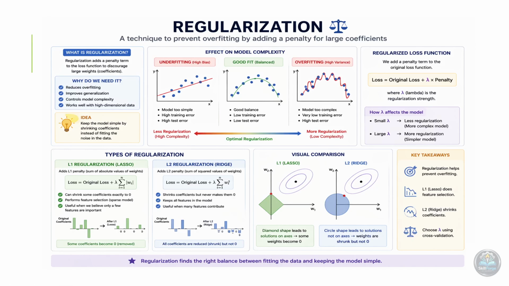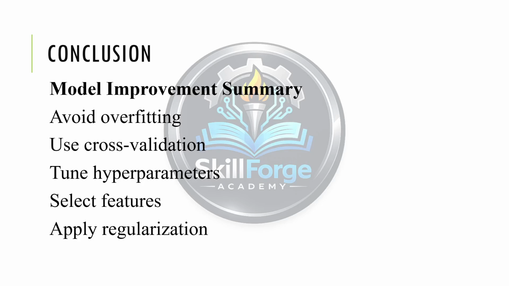So regularization keeps the model simple to avoid overfitting. Okay, and L1 is mainly for feature selection and L2 is for weight shrinking. Regularization is like putting a limit so the model doesn't overreact to noise. Our goal is not to fit perfectly but to generalize well. Okay, I hope you have understood this part as well. Okay, I've tried my level best to explain what we actually do.